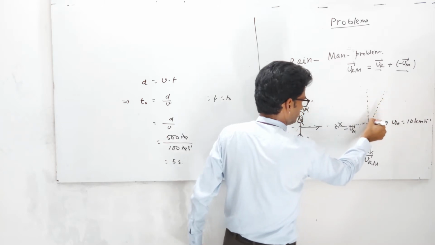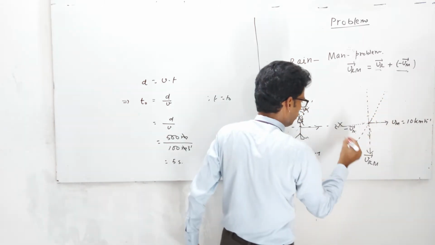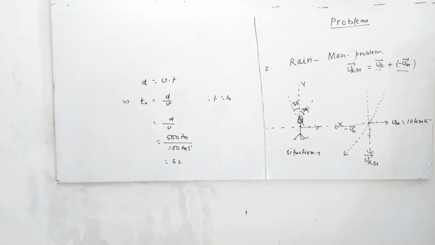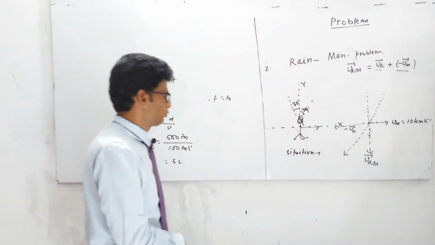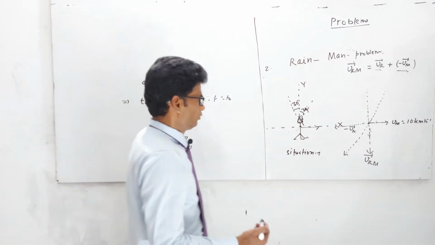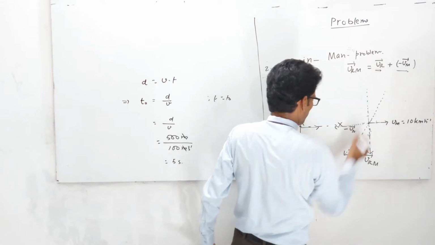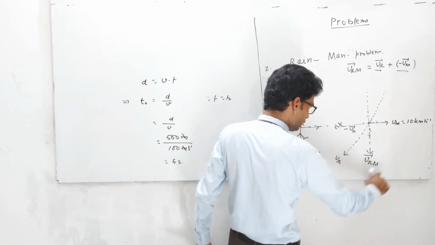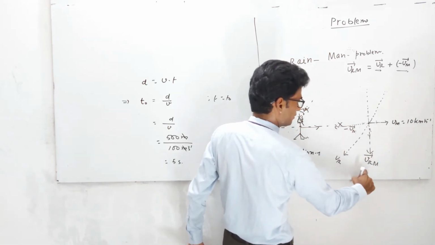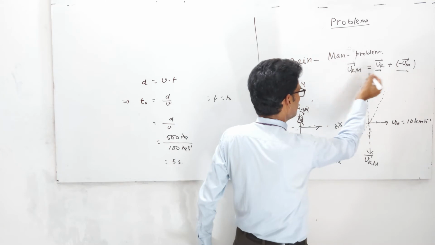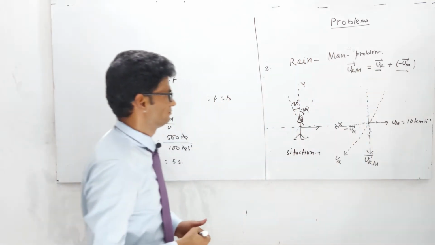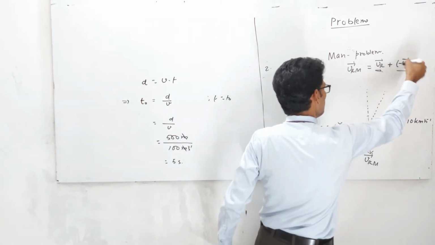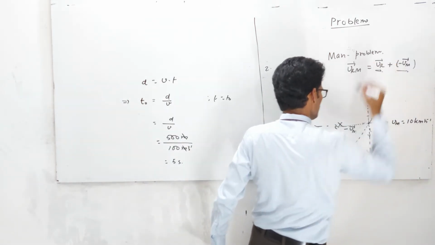Suppose the man was holding the umbrella in this way. Now look here, this is the velocity of rain, and here the velocity of rain with respect to man: the velocity of rain plus the velocity of man with a minus sign.